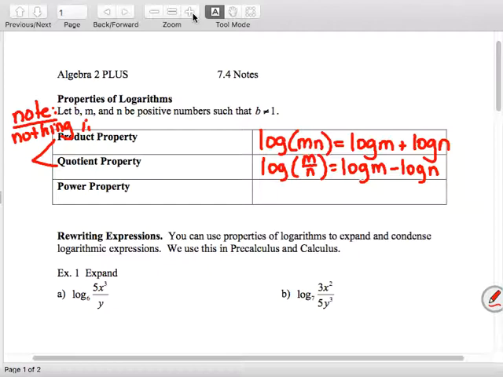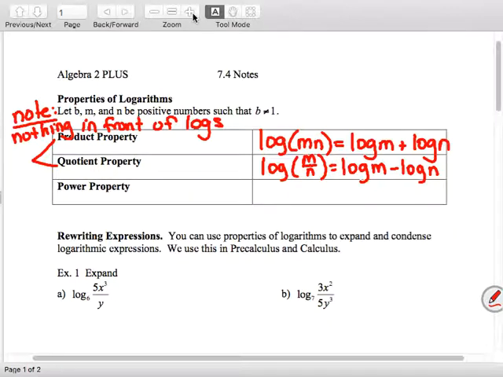There's nothing in front of the logs. This is for the first two, okay? This is a critical piece of information. Product property, quotient property. There is nothing allowed in front when you split them or when you go from the split back. That's going to be important.